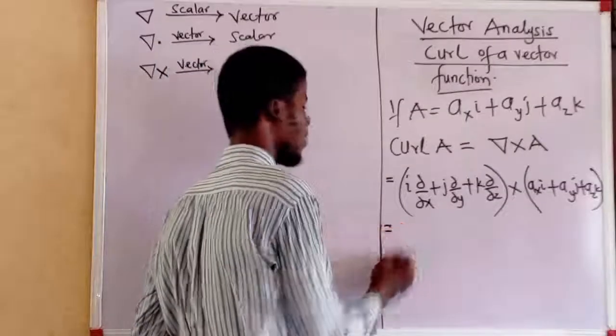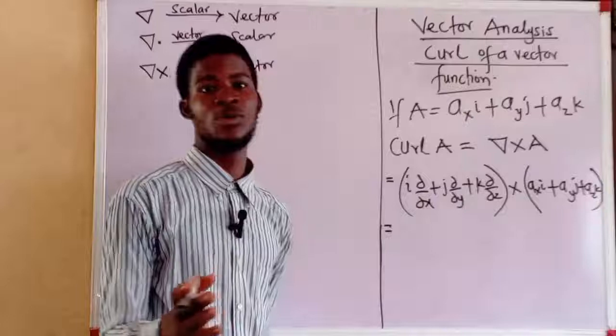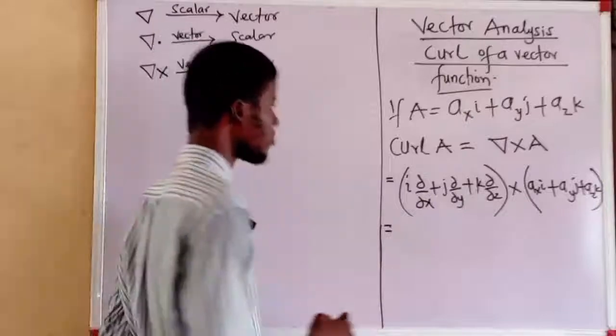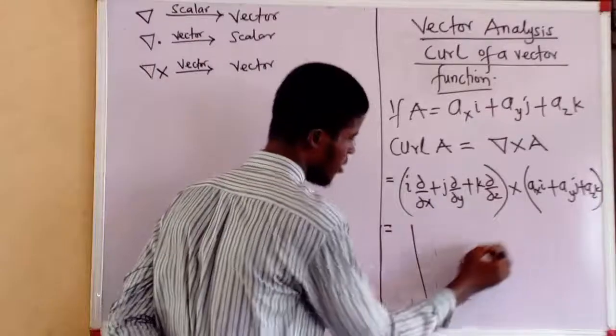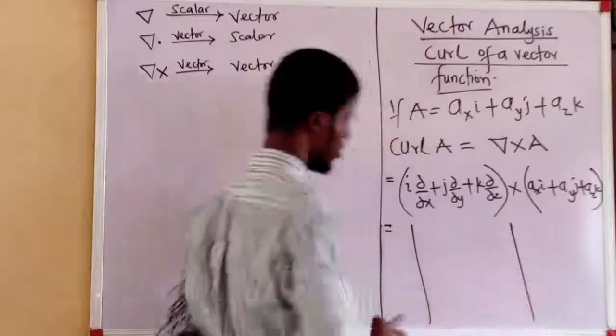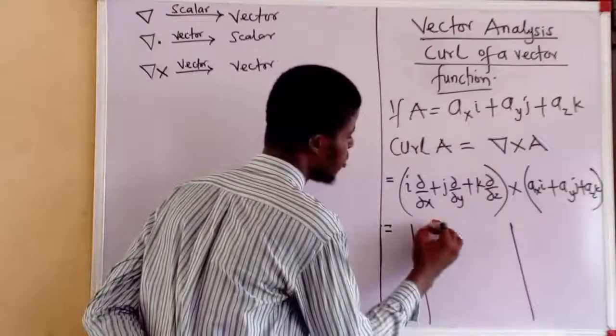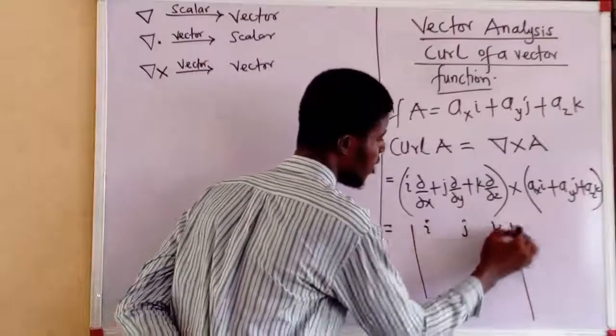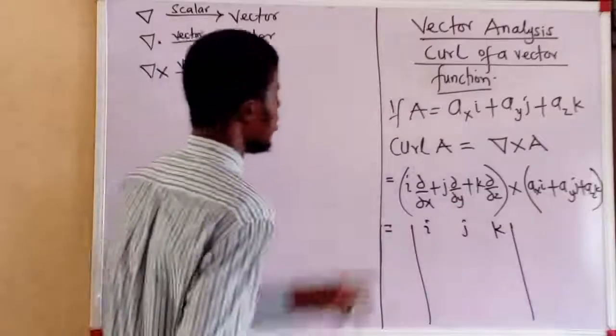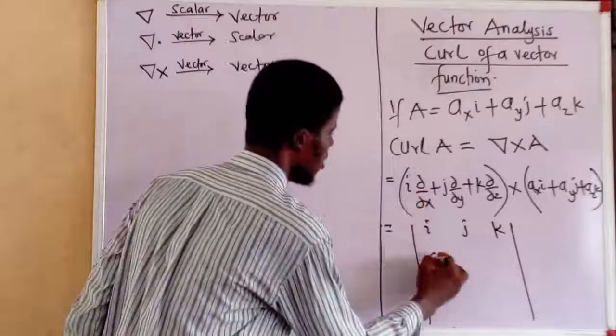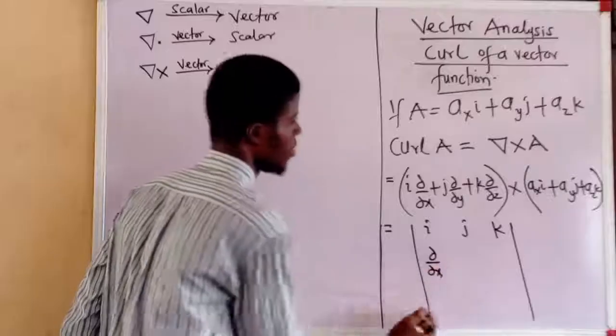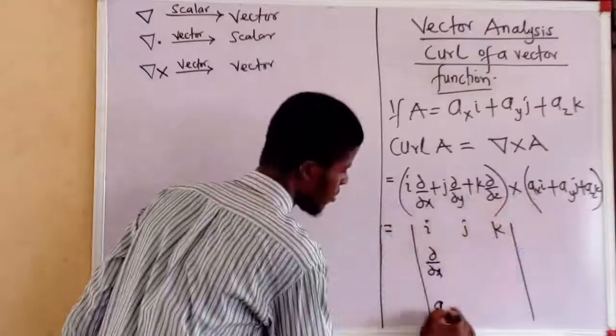So remember the way to determine the cross product of two vectors. The determinant is involved. So we have the unit vectors i, j, and k. Here we have partial x, here we have Ax.